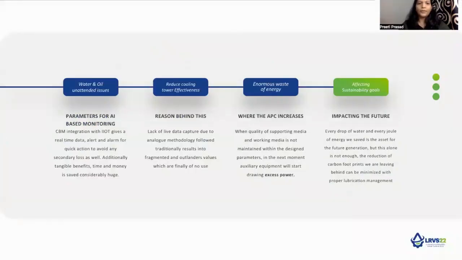Okay, so now you have seen that these IoT-designed skids are equipped with machine learning and artificial intelligence, which gives alarms and notifications of what's happening inside the machine. If these alarms are ignored or overlooked, what will be the consequences?